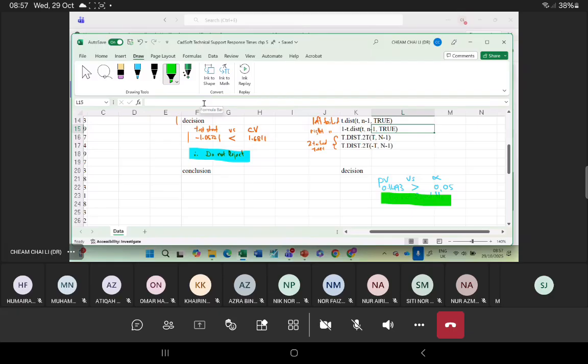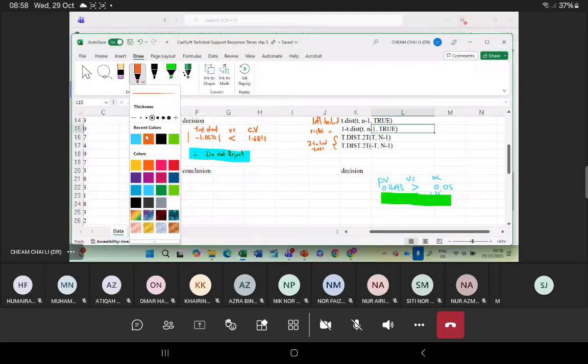Yeah, you need to make a conclusion. So you can say that there is insufficient evidence to support the alternative hypothesis at 5% significance level. Therefore, it can be concluded that the average waiting time is at least 25 minutes.